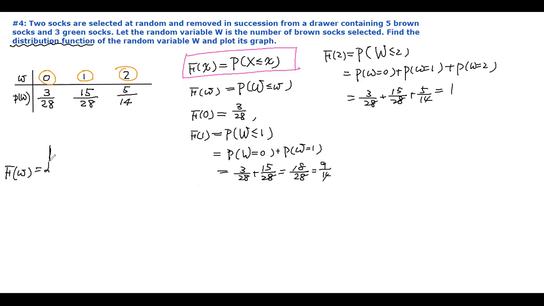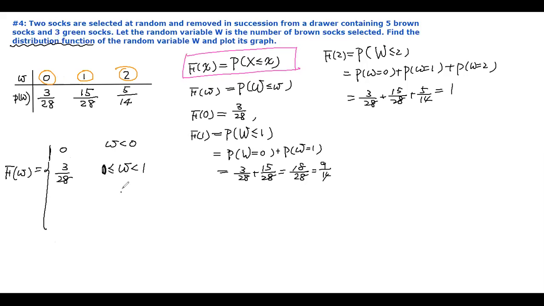Because my values start at 0, I don't have anything before that, so it will be 0, nothing to accumulate, if w is less than 0. As soon as w hits 0, so 0 up to less than 1, it is 3/28.